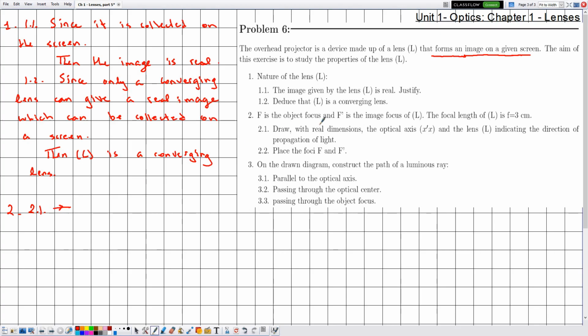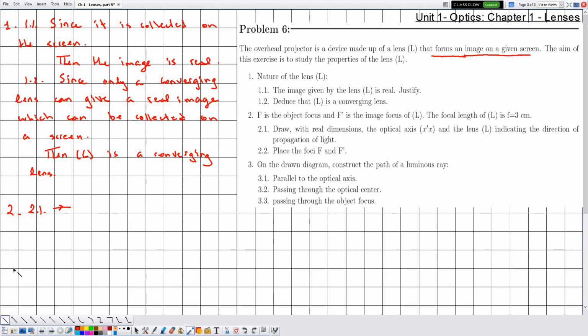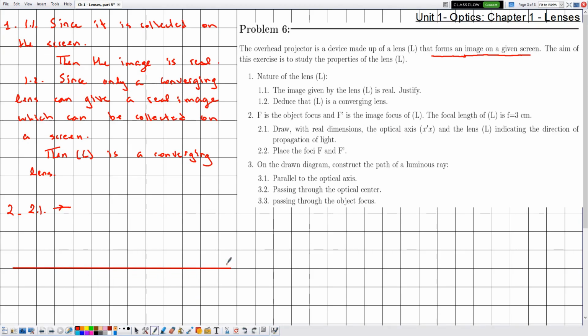So here, in other words, we need to construct the optical system of the lens L, and whenever we need to construct the optical system, we always start by drawing the optical axis at the center, having the same direction of propagation of light, which is from left to right. So this is x prime, and this is x.